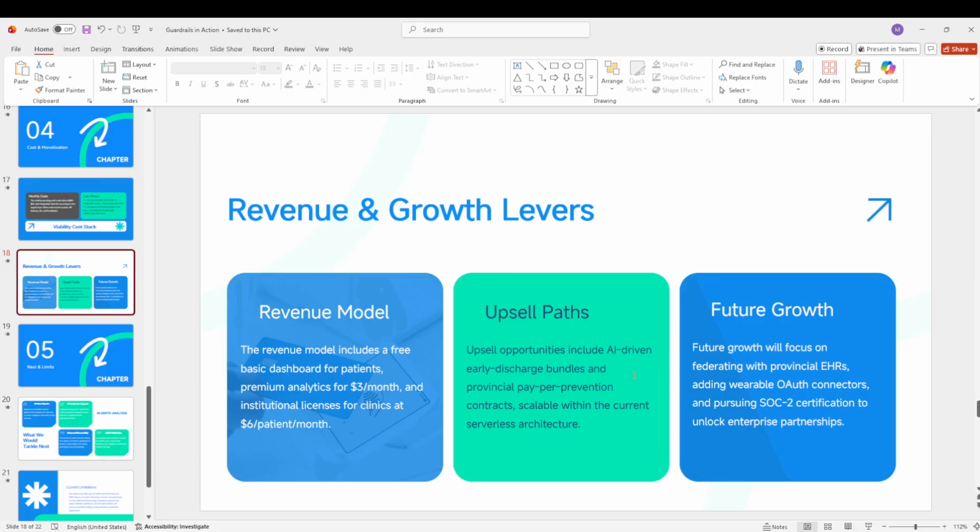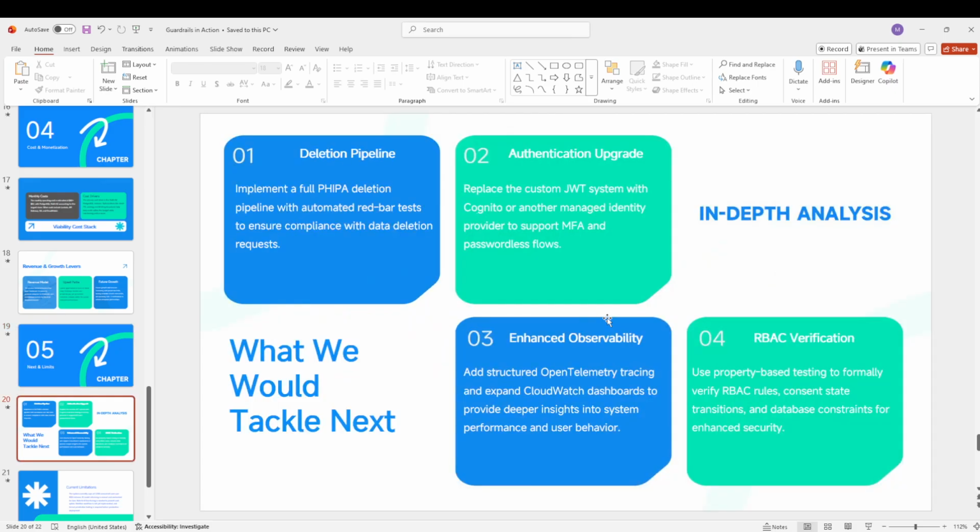It should be scalable within the current serverless architecture. In terms of future growth, we will focus on federating with provincial EHRs and adding wearable connectors for patients.